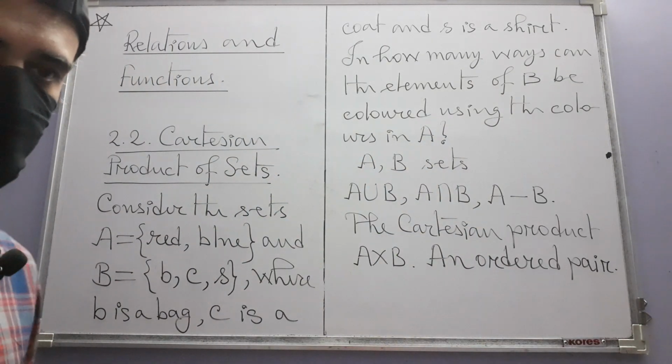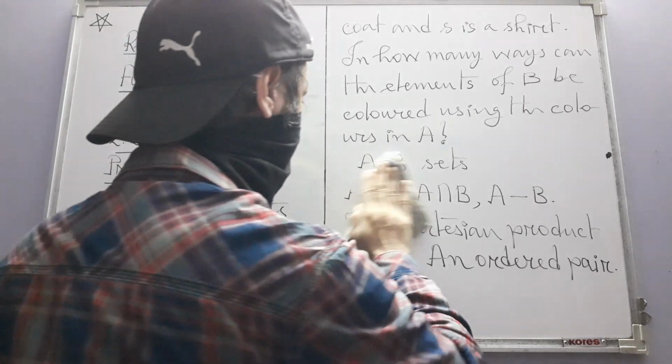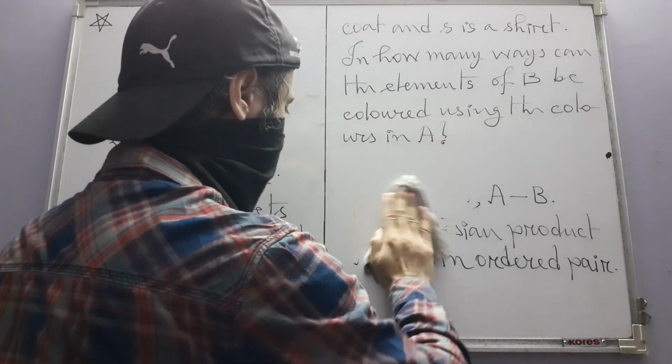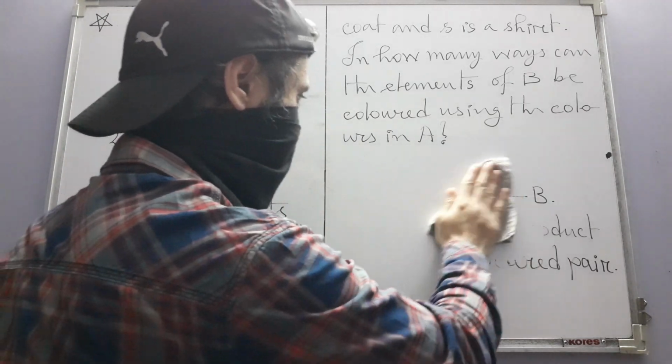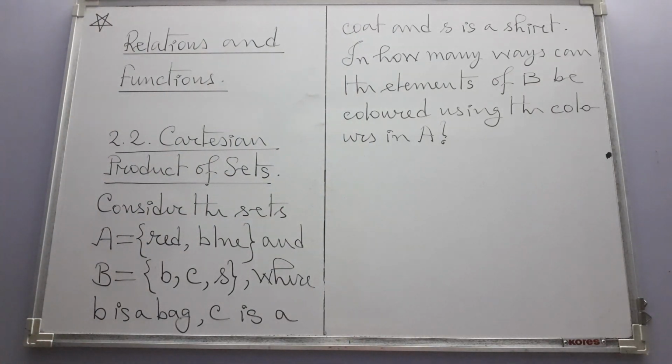What are the ways of coloring these bag, coat and shirt? Obviously, each one of these items can be colored either red or blue, and accordingly we get the following possibilities.